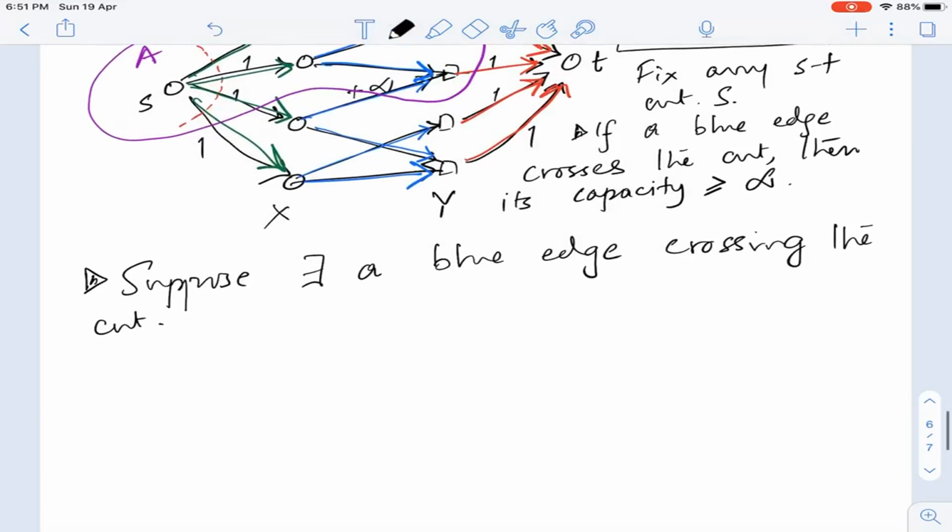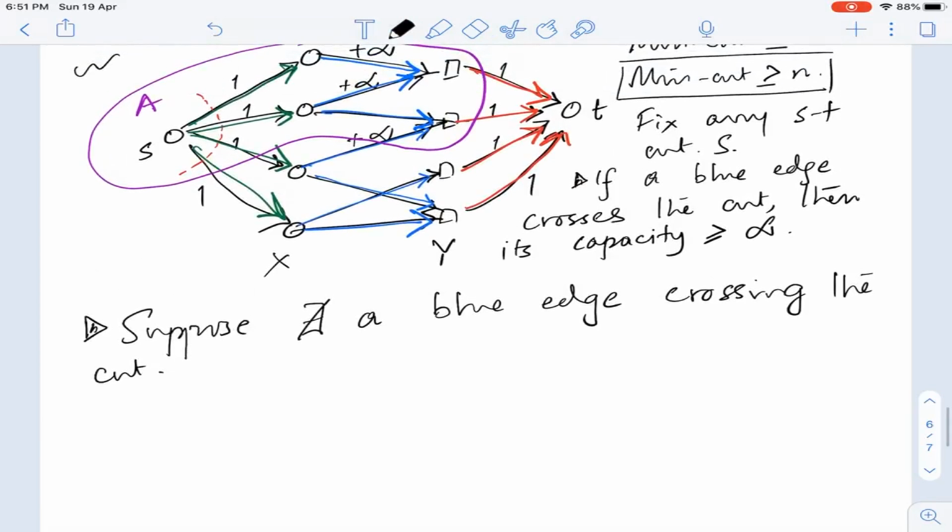Suppose now there does not exist a blue edge crossing the cut. Now, what are the edges that are really crossing the cut? Well, the question is, what are the edges that are crossing?